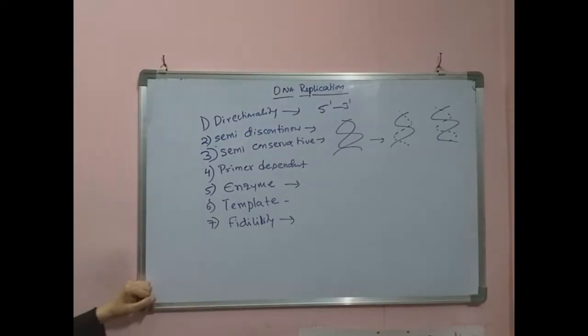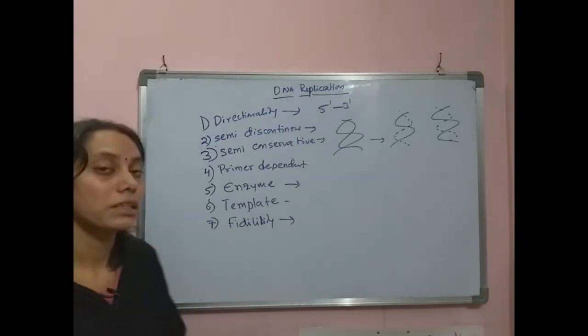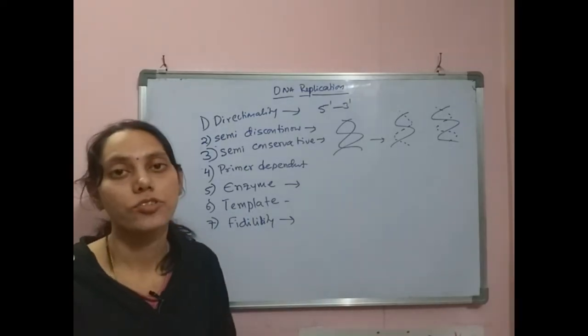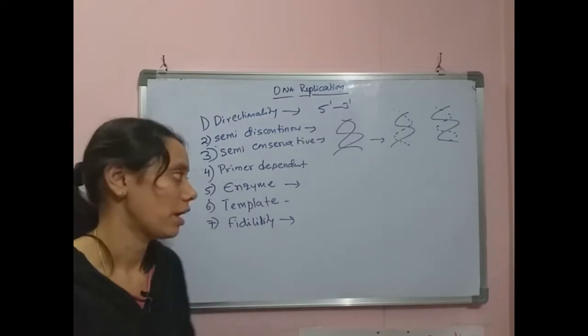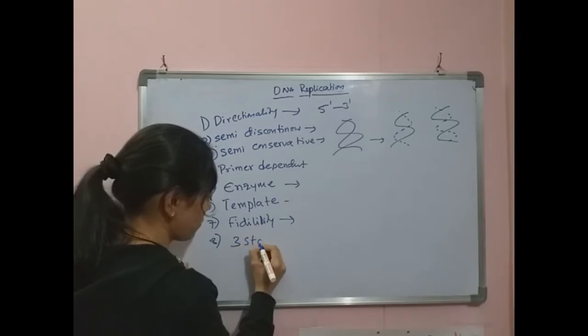And what are the other features of DNA replication? Basically these are the primary features of DNA replication, and it basically has 3 stages.